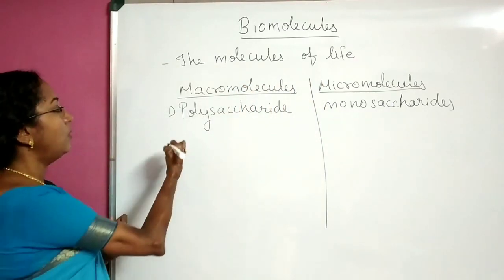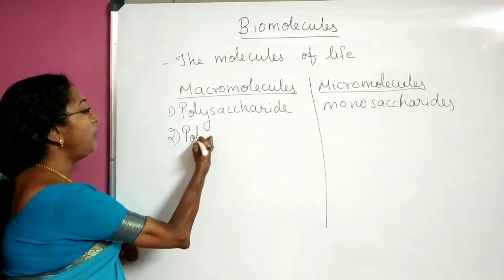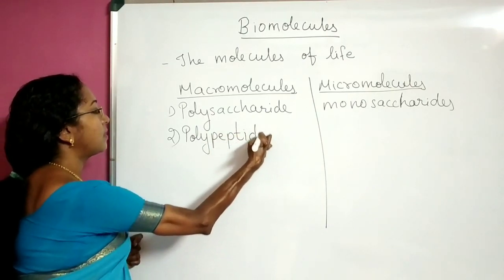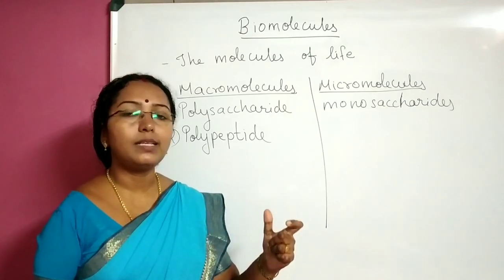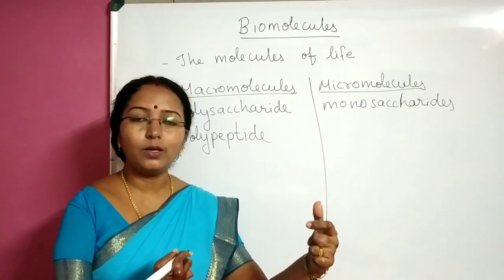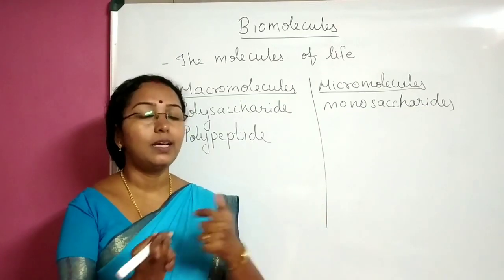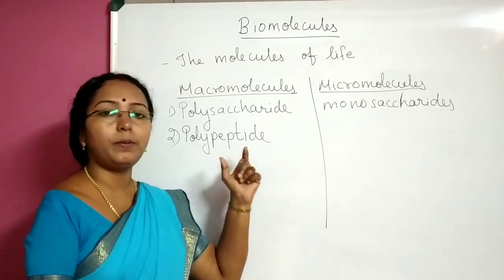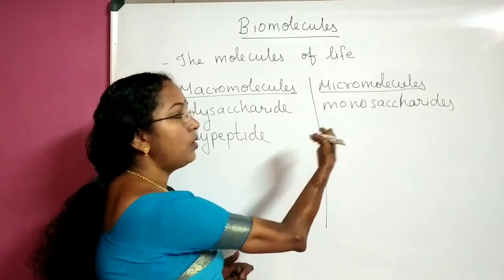Now let's move on to the next macromolecule. It is called the polypeptide. Polypeptide is actually a protein molecule. Like I told you, for carbohydrates we call them polysaccharides; for proteins we call them polypeptides. Why so? It will be more clear when I take this portion in depth. So what is the monomer?